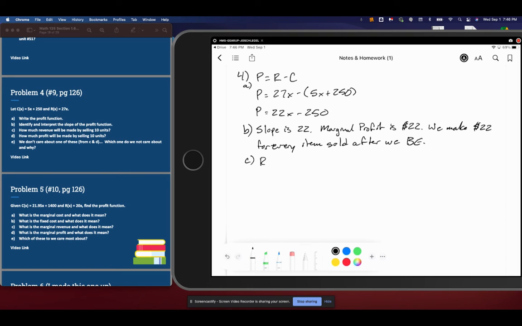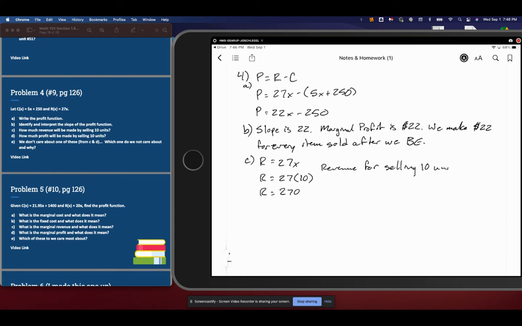So I'm going to actually redo this and have R equals 27x. So my revenue for selling 10 units would be 27 times 10. I don't need to give that to Wolfram. That's 270. So revenue for selling 10 units is 270 bucks.